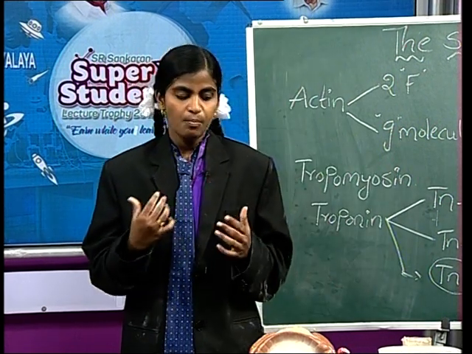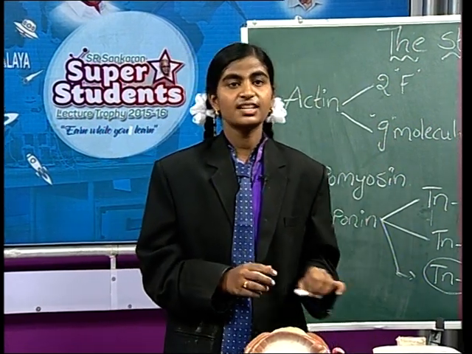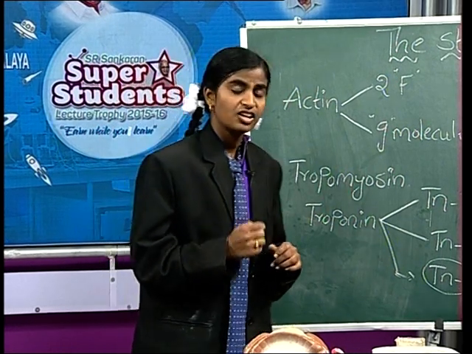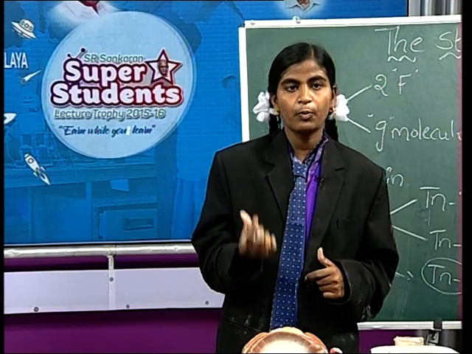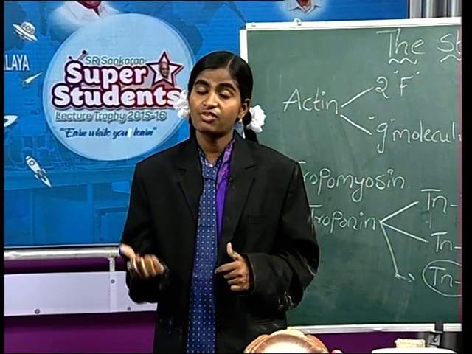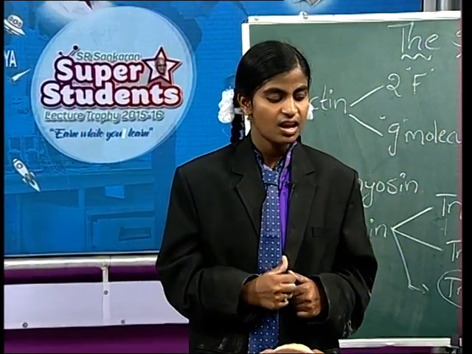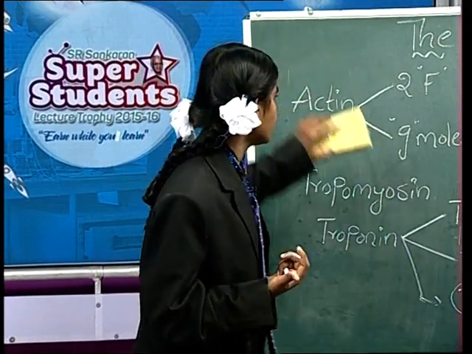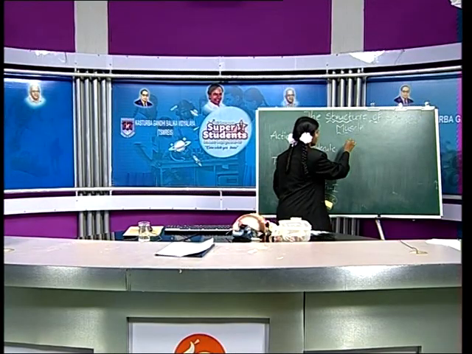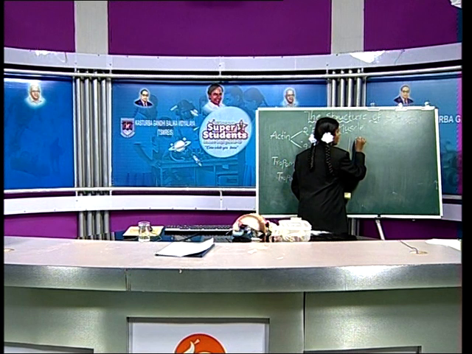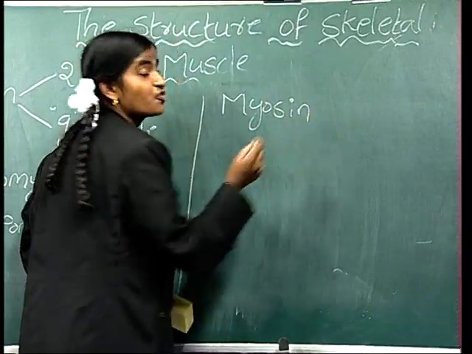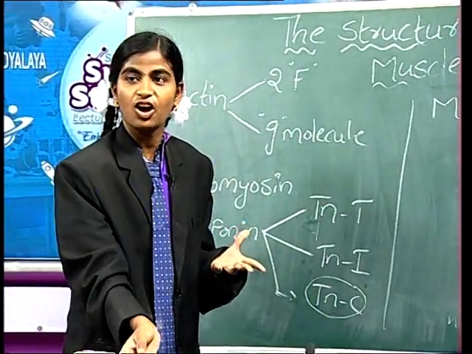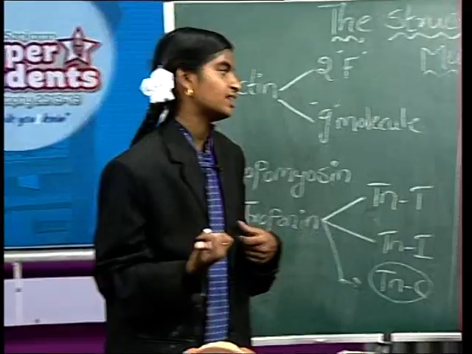Okay, friends, myosin. Myosin is a motor unit. Generally, myosin is a type of protein. It is also helpful for contraction of muscles. This myosin is helpful for the construction of cross bridges. So, due to the cross bridges, we can contract the muscle.